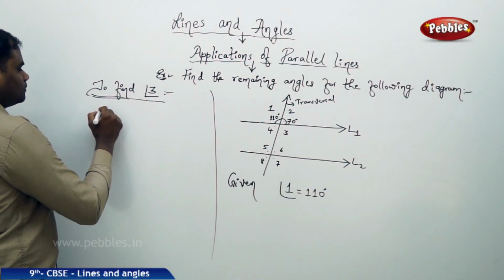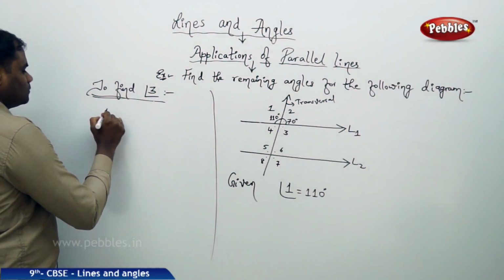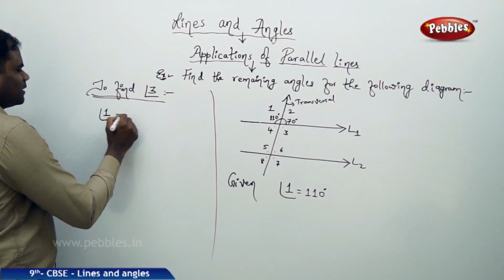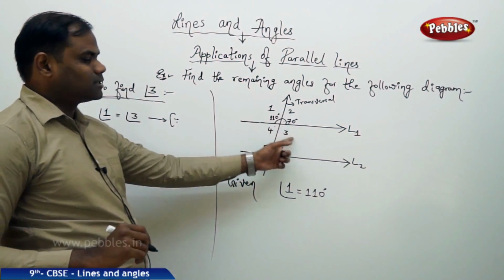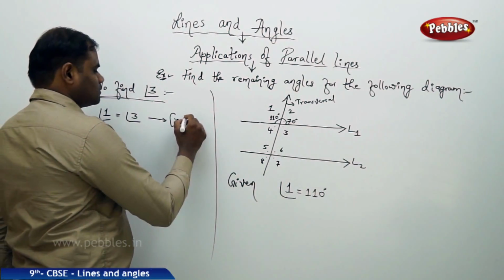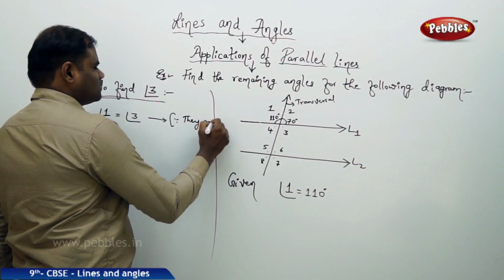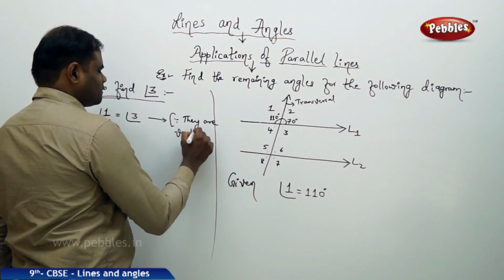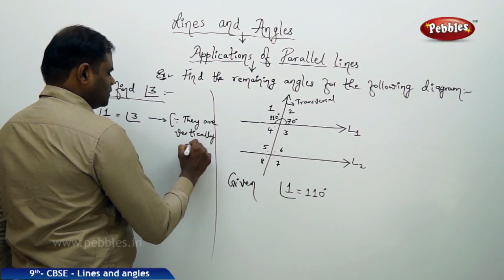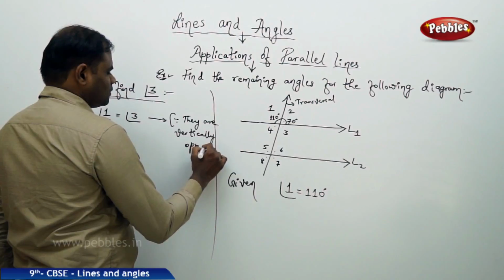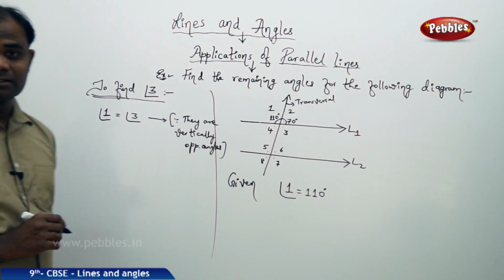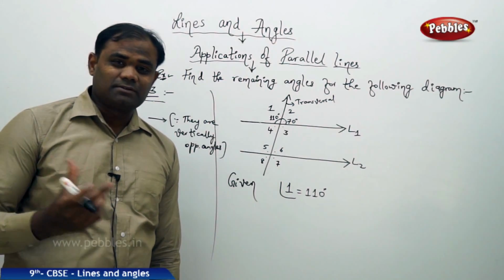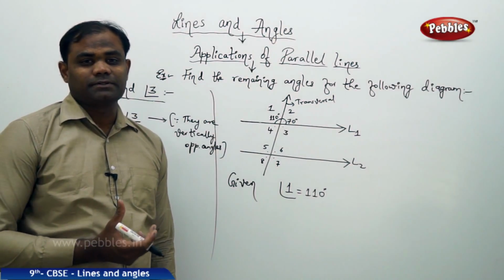Therefore, from the diagram, angle 1 equals angle 3, since they are vertically opposite angles, and hence they must be equal, which is the property we saw in the previous session.